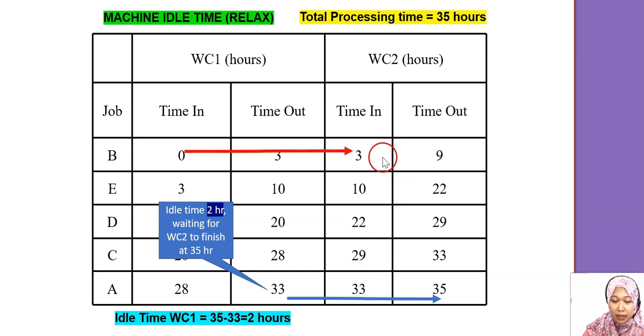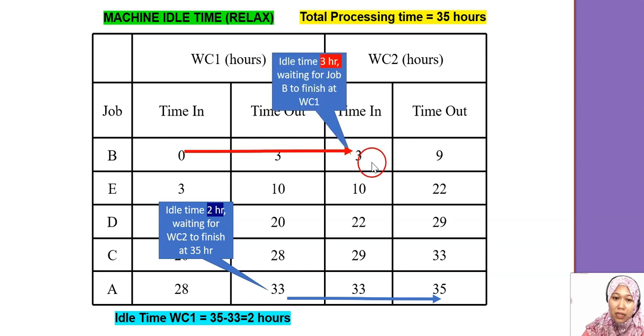So the first idle time is at the beginning, in which job B is inside machine 1 and machine 2 is waiting for job B to finish in machine 1. So machine 2 only starts at hour 3. So it has 3 hours waiting time before job B can go into machine 2. Okay, next we need to check between time out and time in here.